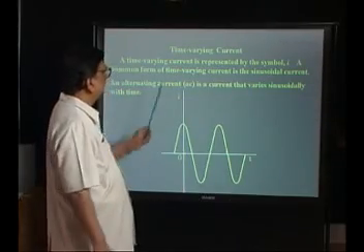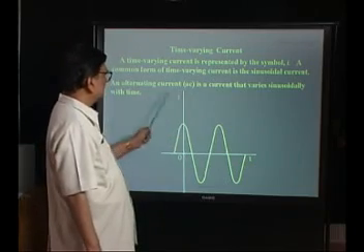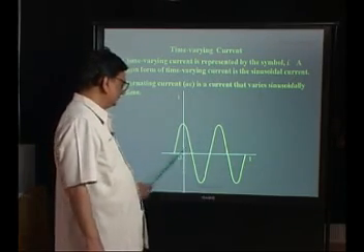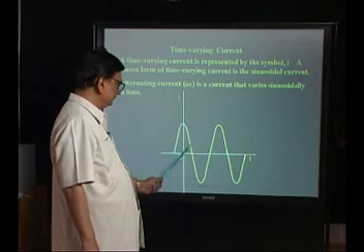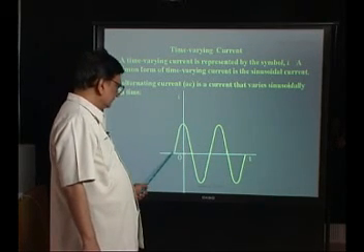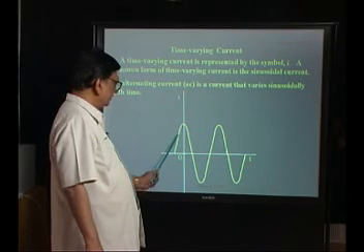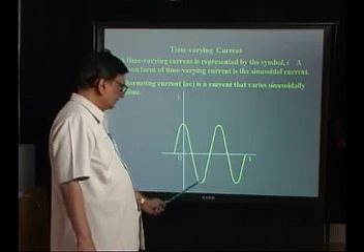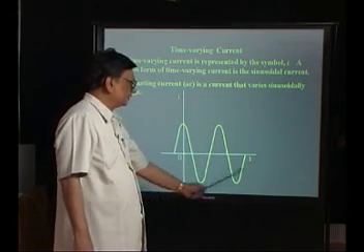We shall discuss the time varying current or alternating current. If you look into this diagram, you find that the current is varying with time. For instance, at this time the current is 0, it is going positive and it is positive up to this point, and then it is going negative, again it is positive and so on.